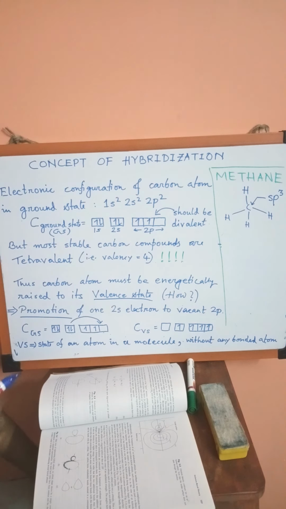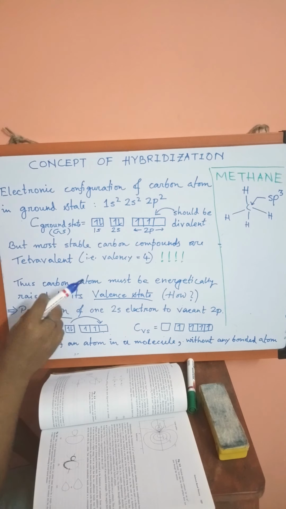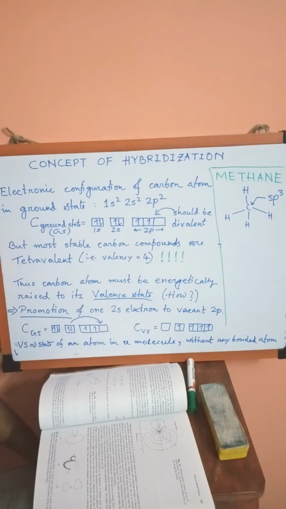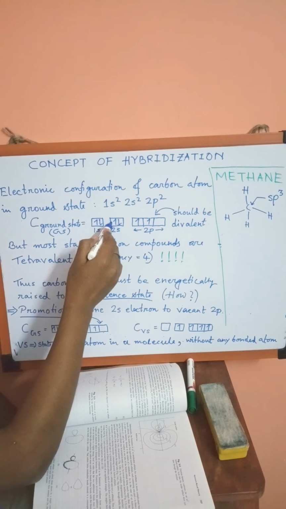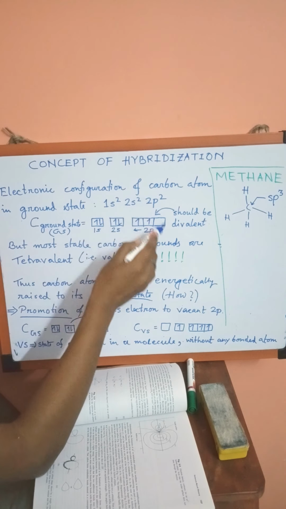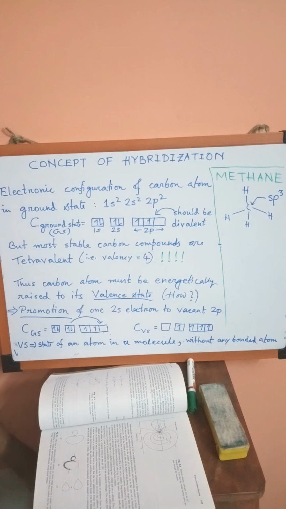It is said that the carbon atom must be energetically raised to its valence state. Only then can this electron pair be unpaired. So how is it possible?